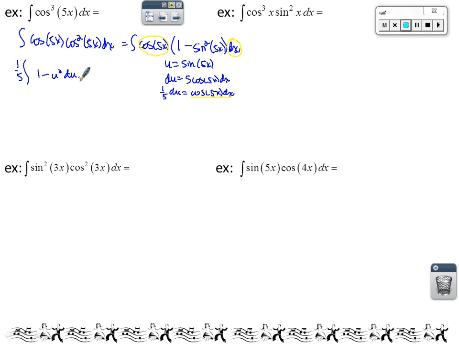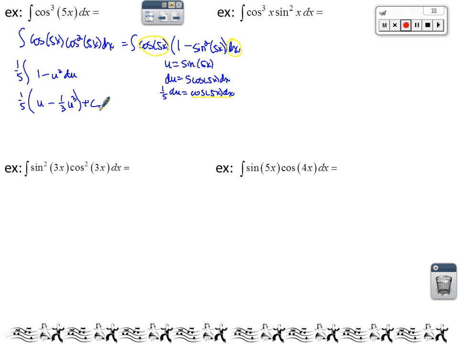And then we just integrate that as normal. So we'd have 1/5 times the integral of 1, which is u, and the integral of u squared, 1/3 u cubed, plus c.